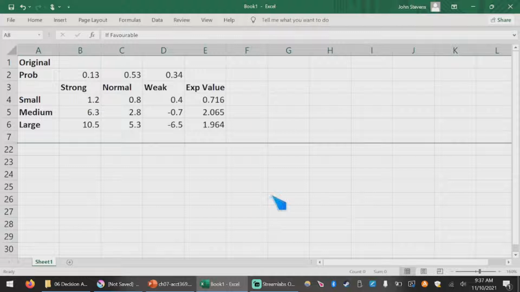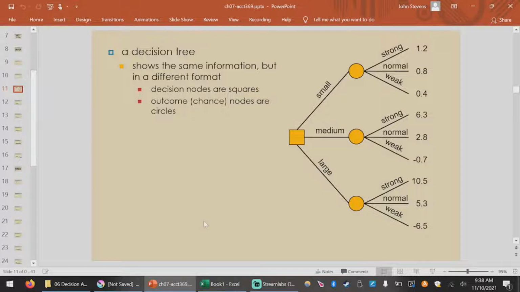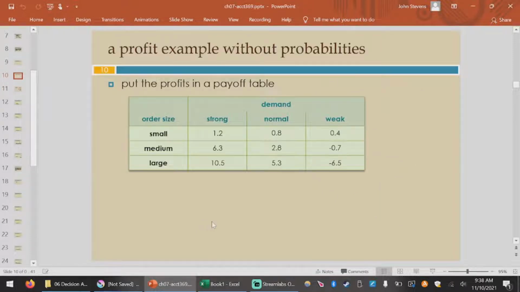Everybody. Today I want to just clarify and talk a little bit more about one of our decision analysis examples, because in some cases people may have some problems understanding what's really happening.